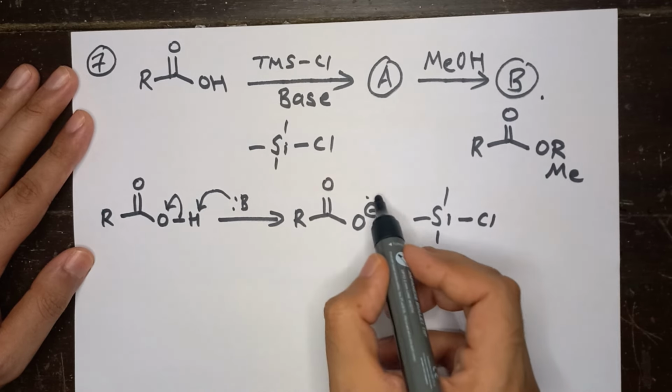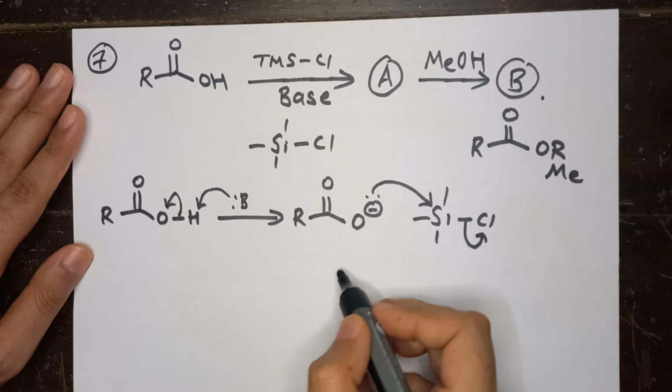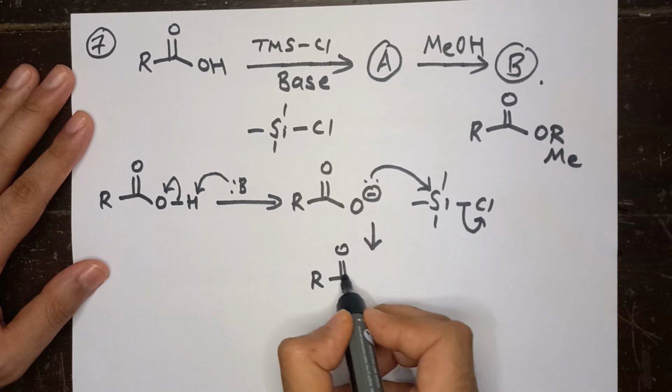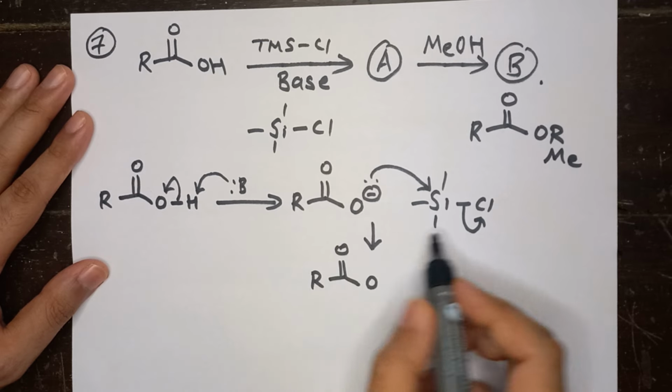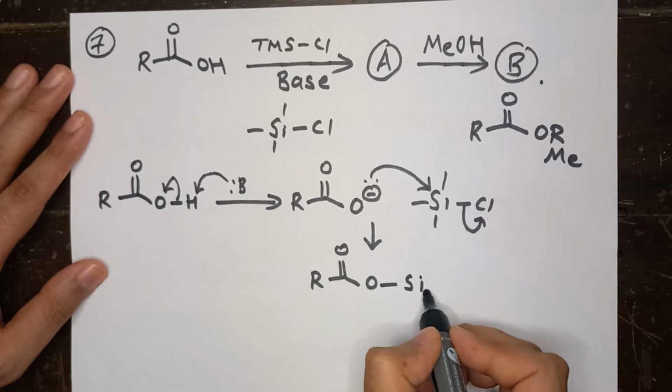So at this point of time, this oxygen will attack at this silicon, will remove Cl group. So this will generate R C double bond O, O. I can write this whole group as TMS, that is SiMe3.